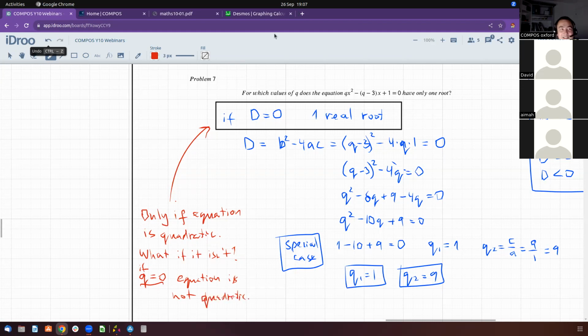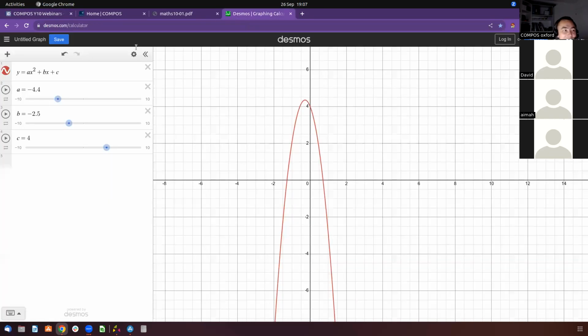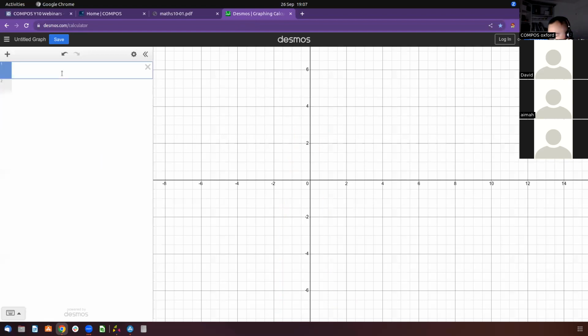Let's sketch it actually. It's going to be qx squared minus q minus 3x plus 1, is it?